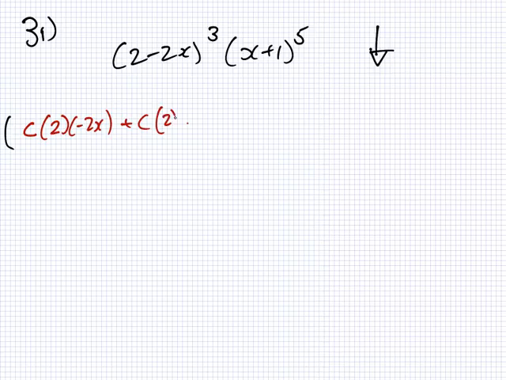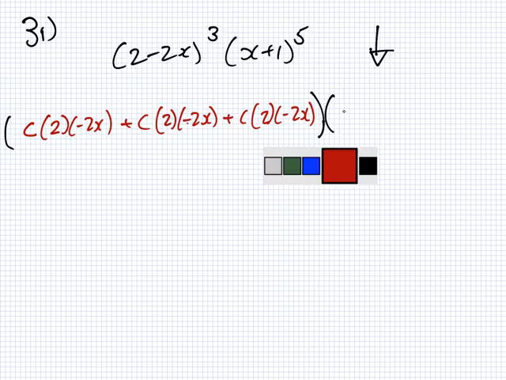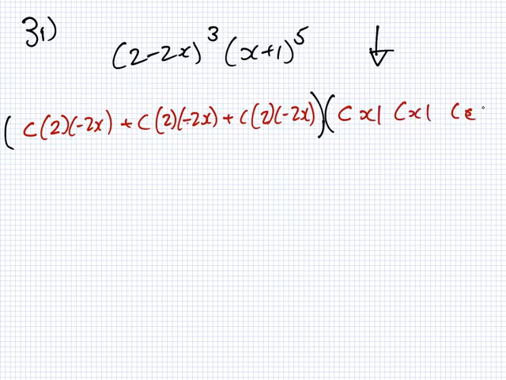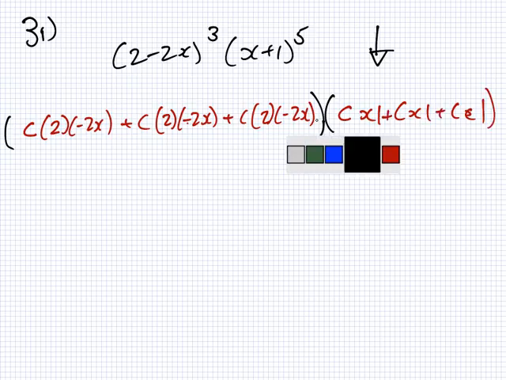Where was I? 2 minus 2x, and then 2 minus 2x, and close. I don't bother with any more because I only need 3. And this one's nice because it's just x and 1, so I don't need to bother with the 1. I'll just write cx, cx, cx. Now to put in the powers.